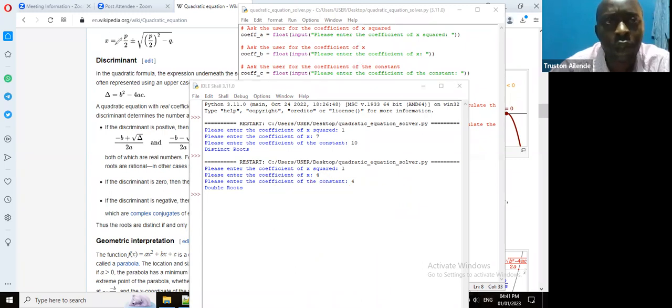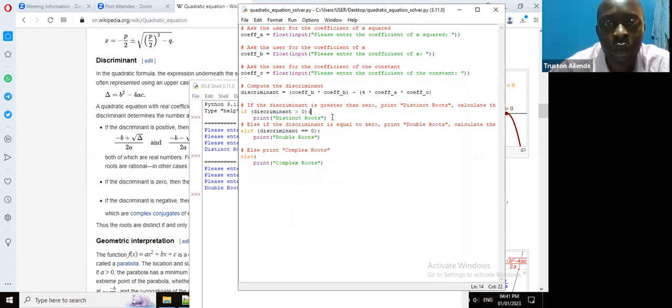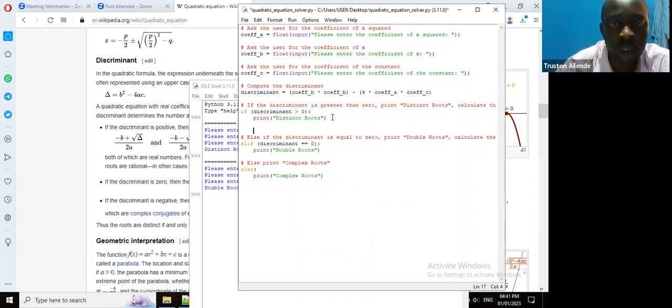Now let's go back to writing code because we're not done. We've not yet found the roots. So we'll call this x1 equals to minus b plus the square root.